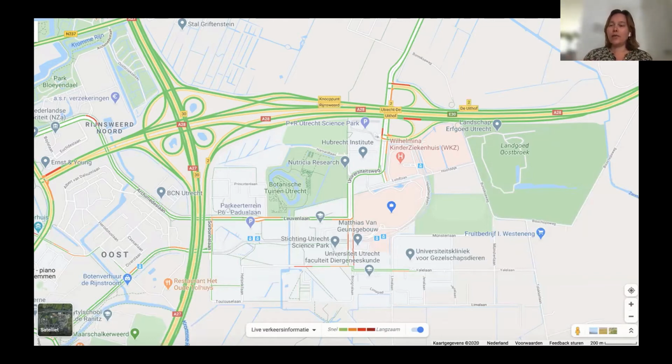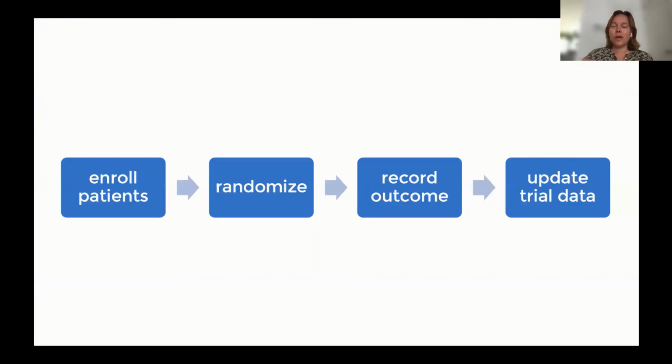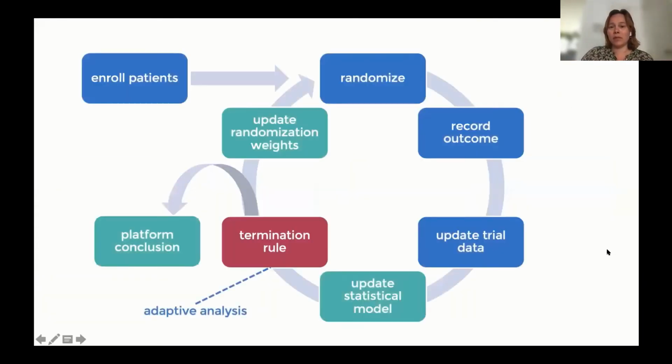If you want to put that in more technical terms, this is what a traditional RCT looks like. You enroll patients, you randomize them, you record their outcome, and then you update the trial data with their outcomes. This is what an adaptive trial looks like. Again, you enroll patients, starting in the top left corner of the slide.